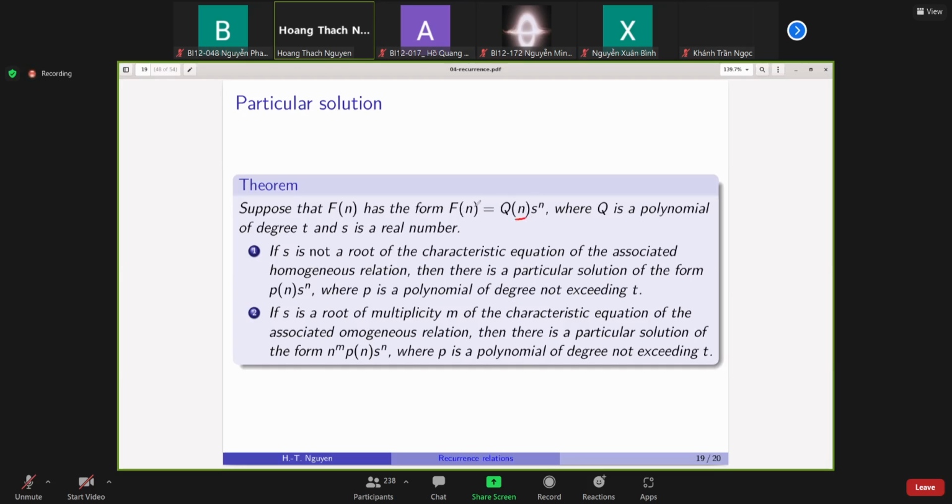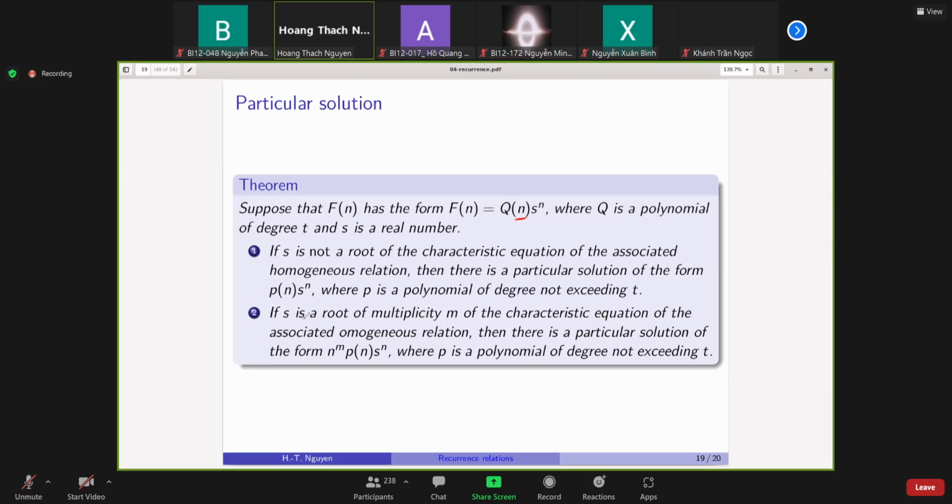So if f(n) has this form, then you can look for a particular solution of this form here, where p is a polynomial, and this polynomial has a degree smaller than or equal to the degree of this polynomial q.